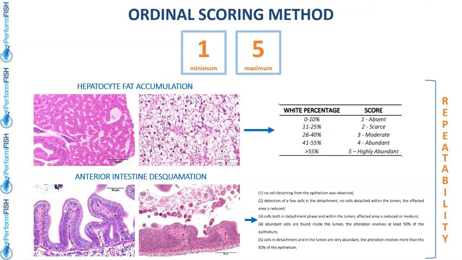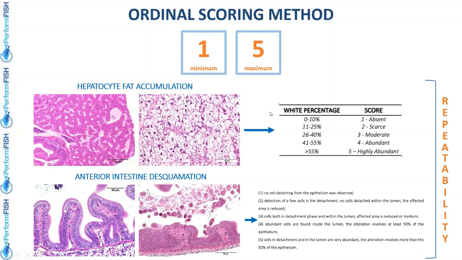And it is a five-point scoring system where 1 represents the normal condition or lack of alteration, and 5 represents the maximum extent of the deviation. To improve repeatability, which is a critical issue for this type of assessment method, the scoring criteria have been detailed.